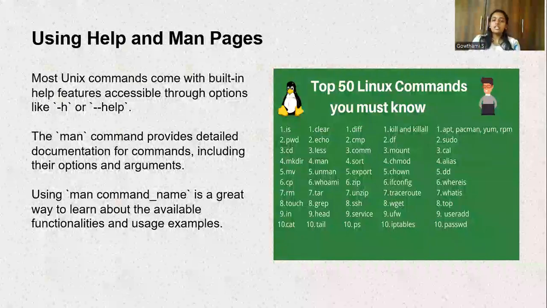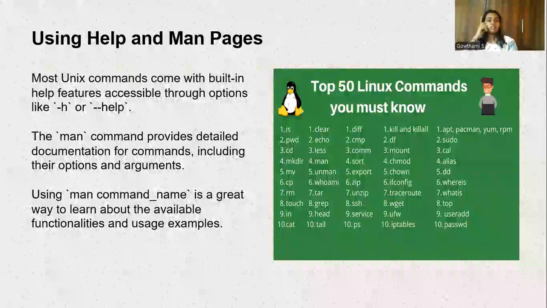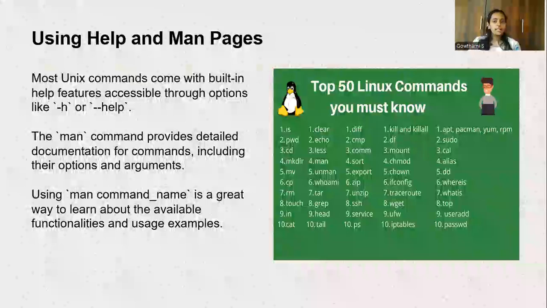You can remember all the basic commands you use, but the options and arguments keep changing. For example, one command may have 5 to 6 options and 5 to 6 arguments in it. Remembering all those options and arguments is a difficult part of the Unix operating system, but that is overcome by the usage of the help command and man pages.